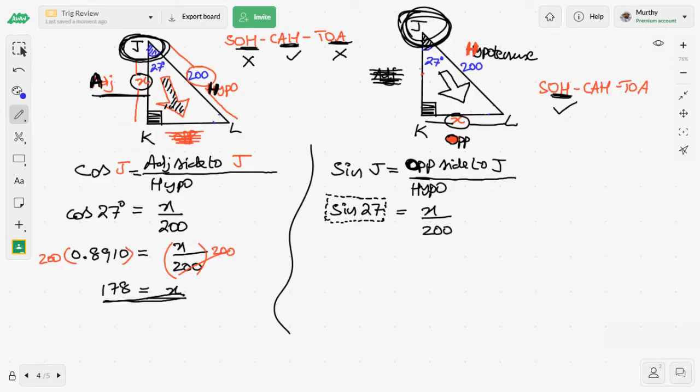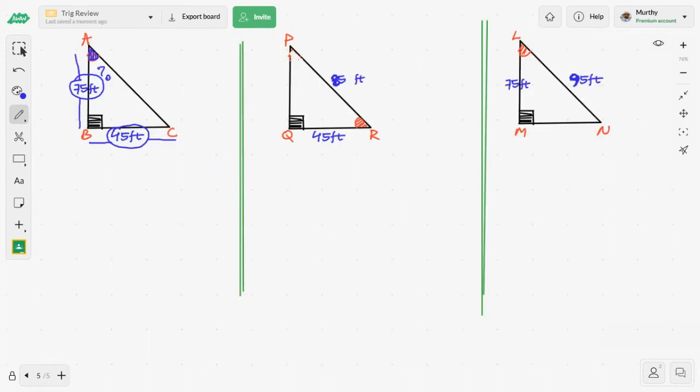Here we are going in the reverse direction. Here the sides are given and you are asked to find the angle.